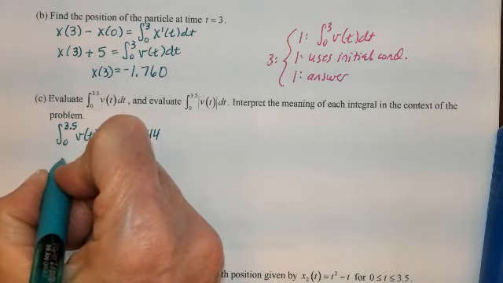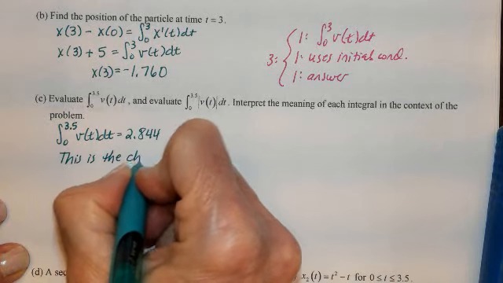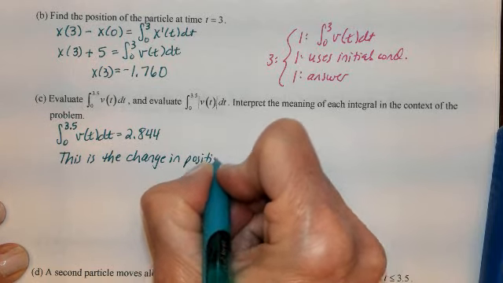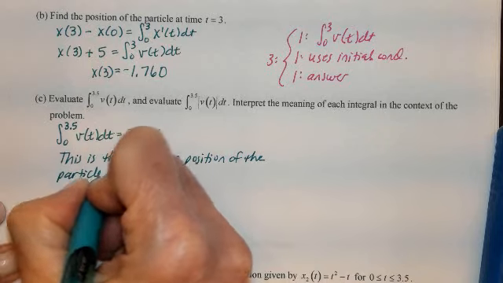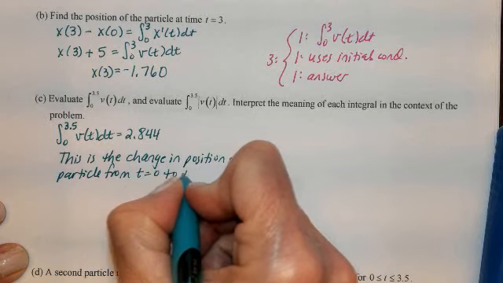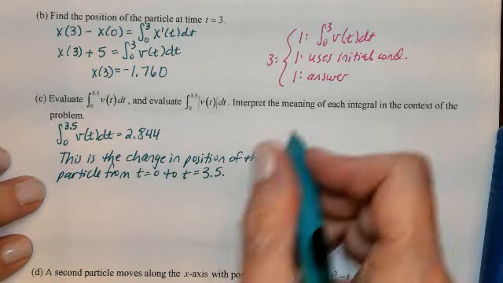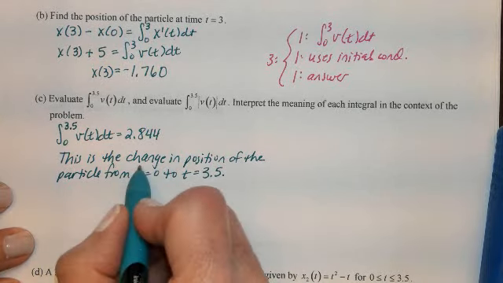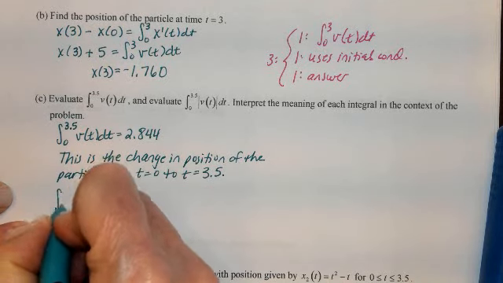I'll say this is the change in position of the particle from time 0 to time 3.5. And again, you can also say displacement. Okay, so that's displacement of the particle from time 0 to time 3.5. Now we're going to go do the other integral.